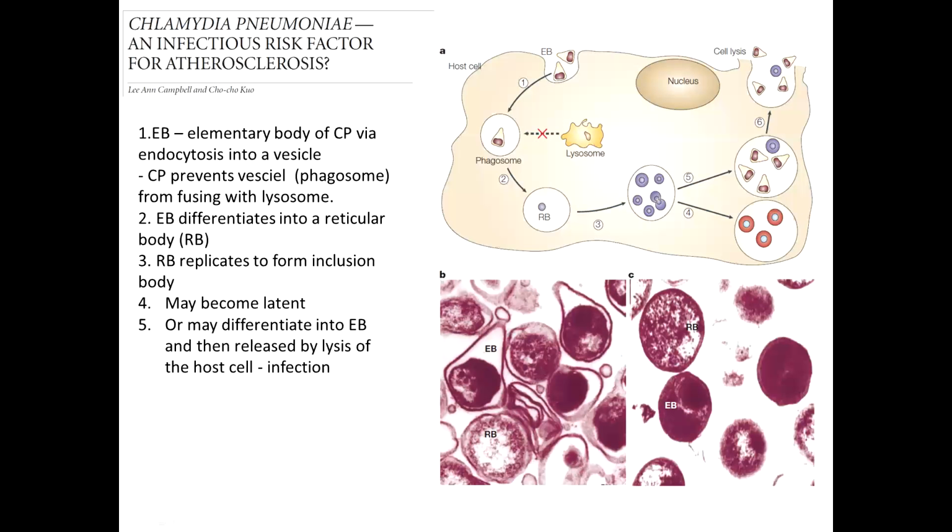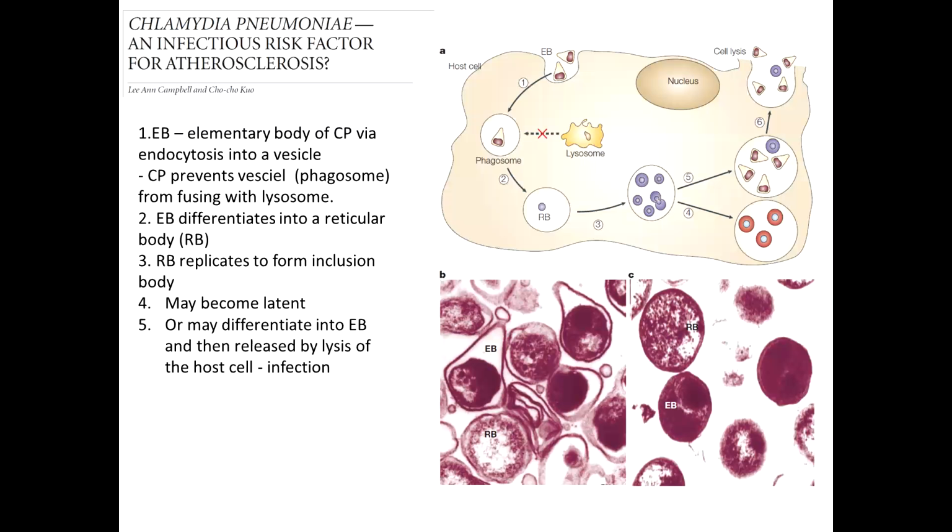So this picture is basically showing you the process by which chlamydia can become a latent mechanism by which inflammation can occur. It's really interesting. So here you have EB, which stands for elementary body of the chlamydia, that is taken into the cell via endocytosis.